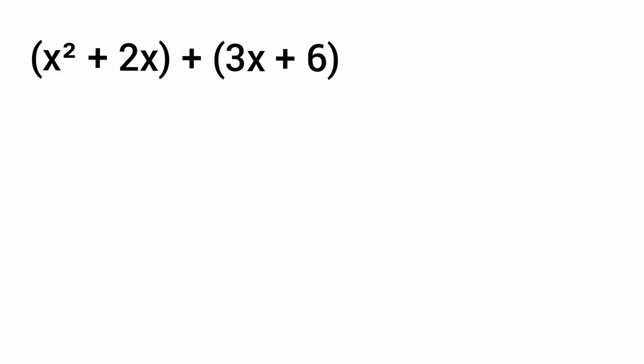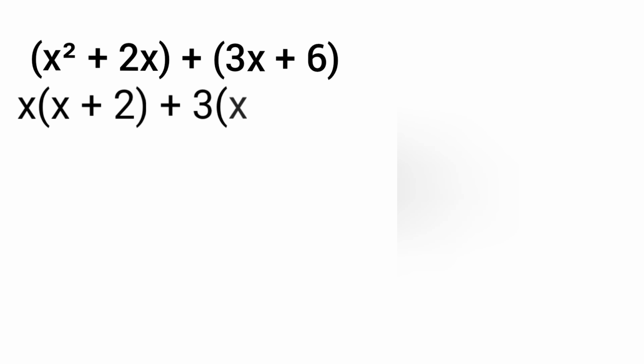Now the highest common factor is x, so in the brackets we will have x plus 2. Then for 3x plus 6, the highest common factor is 3. What we have left in this bracket will be x plus 2. Notice the expressions in the two brackets are the same, x plus 2.